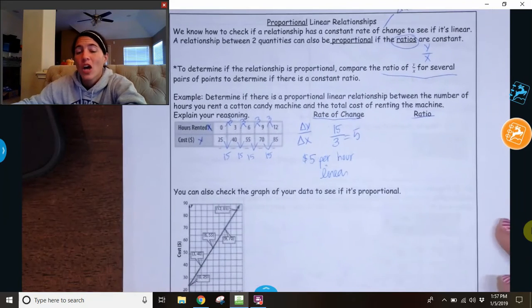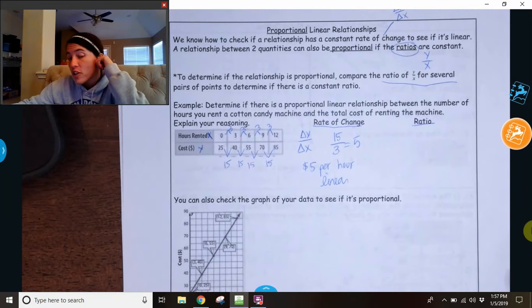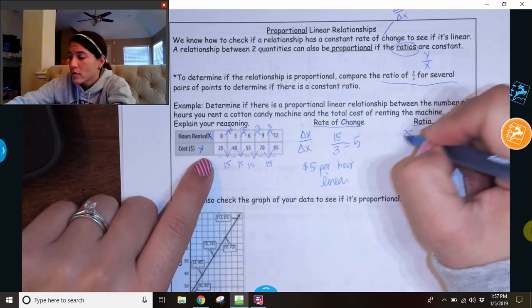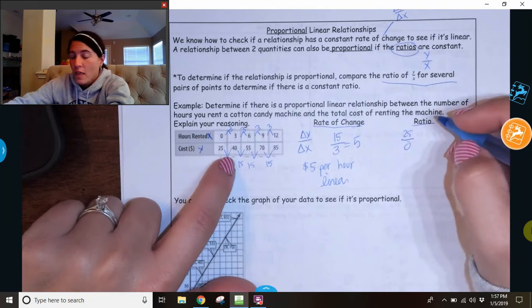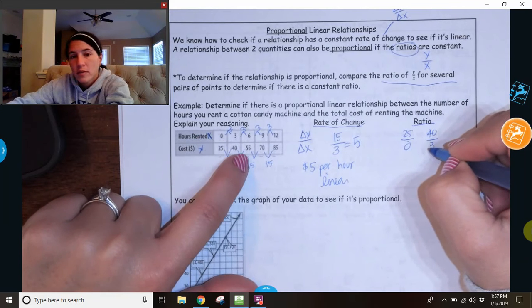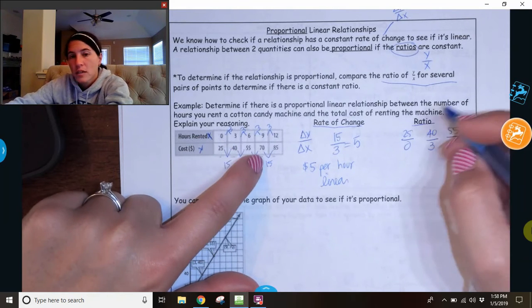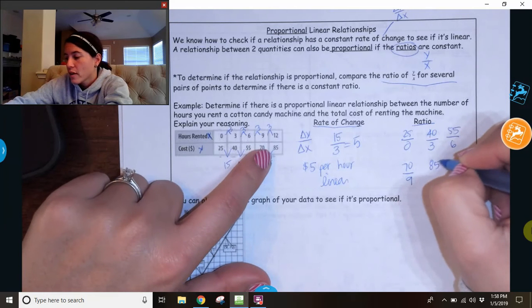Now we need to check the ratios to check if it's proportional. And the way you check the ratio is you just set up a ratio of the y variable to the x variable. All right? The y variable to the x variable, 55 over 6, 70 over 9, 85 over 12.